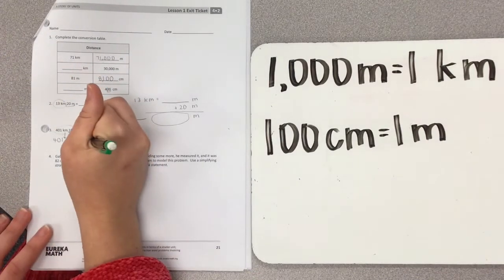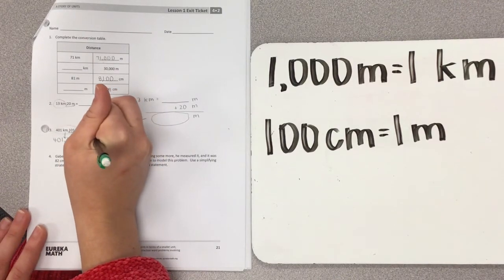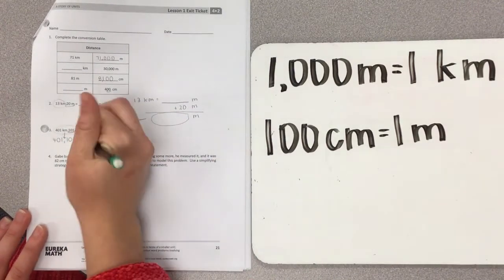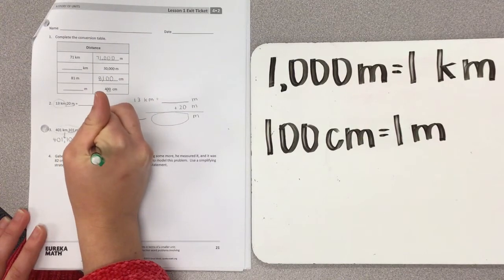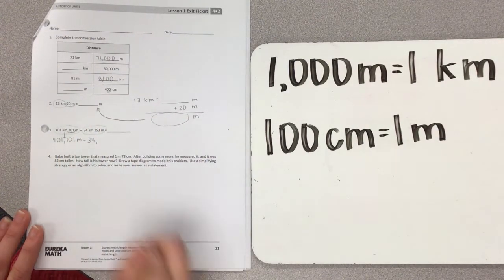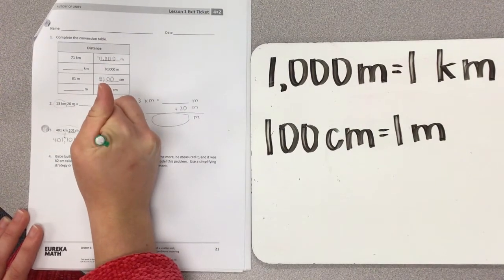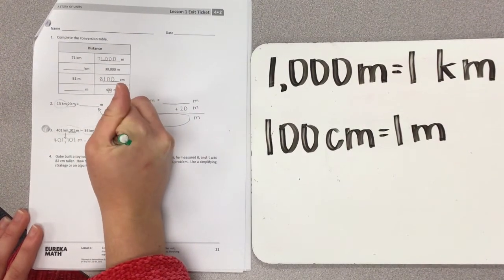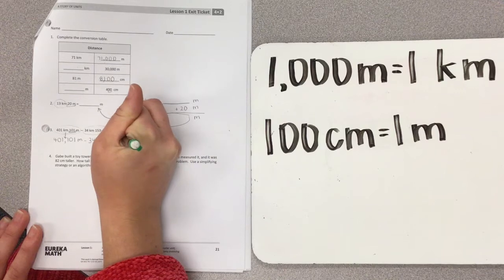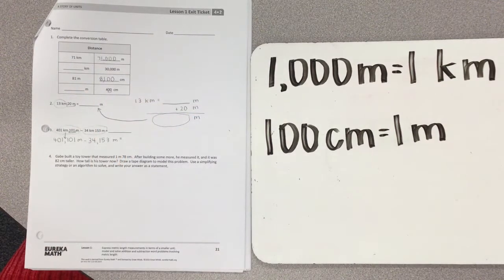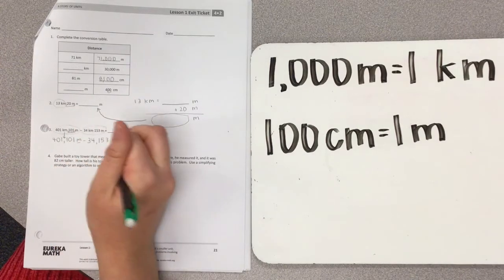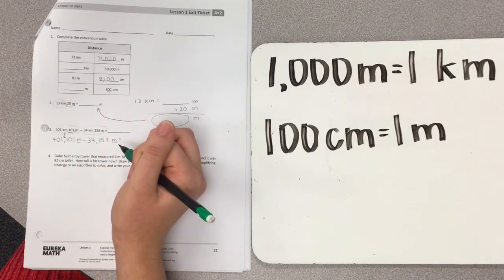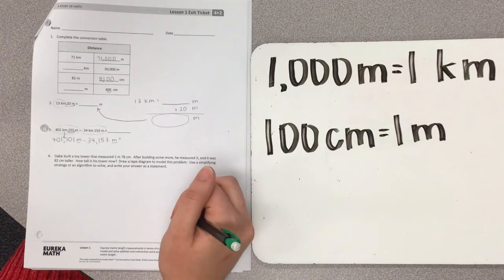So let's do the same thing for this number. Let's change that kilometers into a comma. 34,000 meters, 153 meters. And now that everything is in the same unit, meters and meters, we can subtract using our regrouping skills.